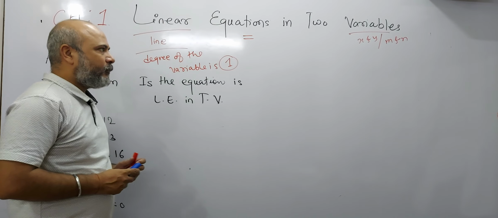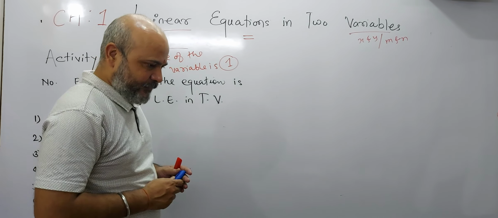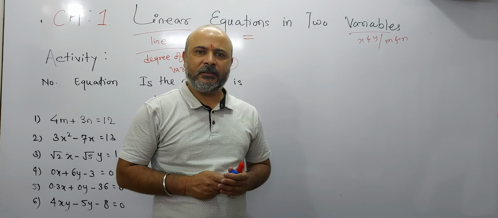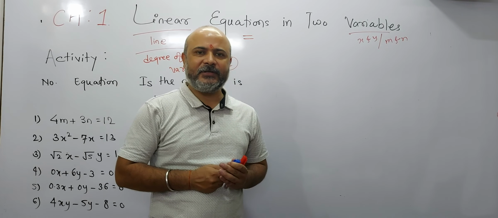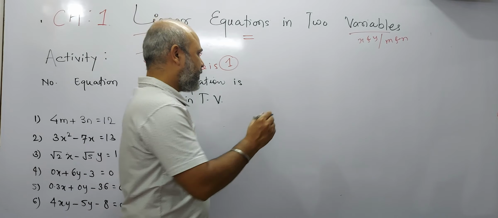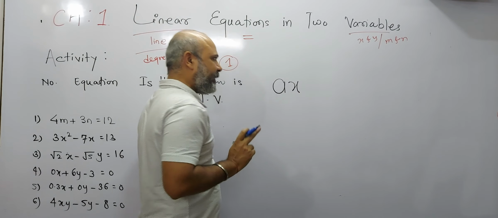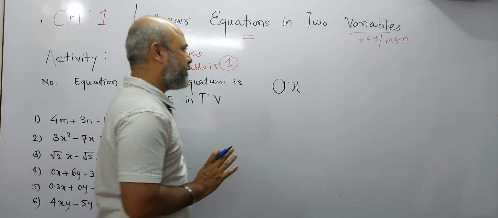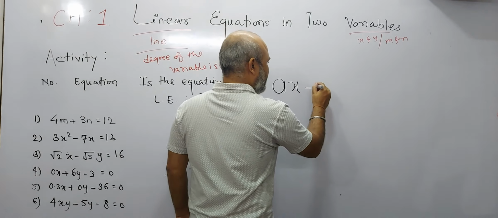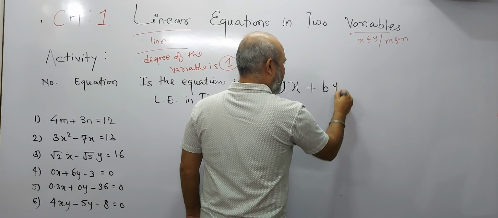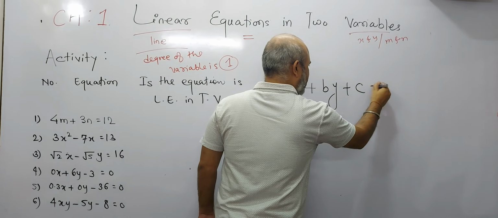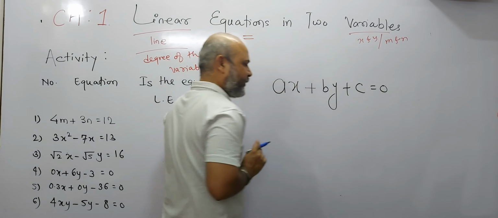Now students, the second thing is, what is the general form of linear equation in two variables? The general form of linear equation in two variables is ax plus by plus c equal to 0.